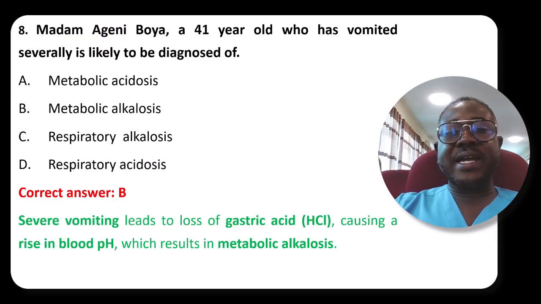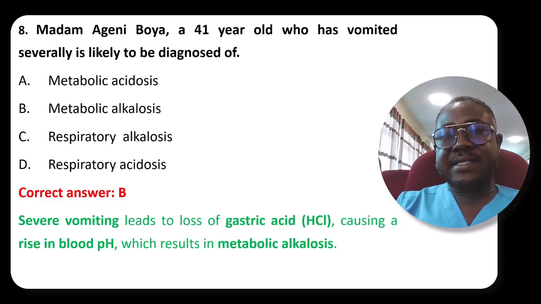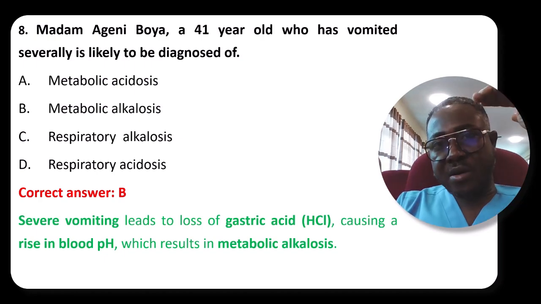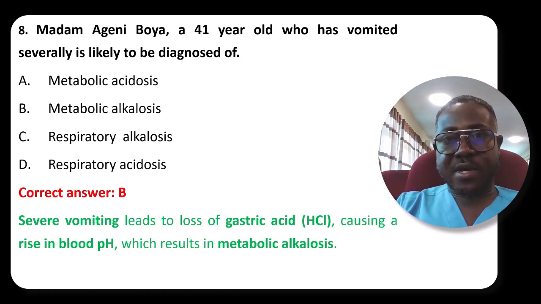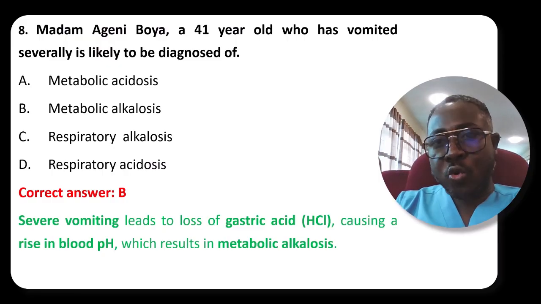Okay, so you are bringing out acid, but the bicarbonate or the alkaline substance remains. That means that the ratio between the bicarbonate and the carbonic acid, there's going to be a decrease in the acid, whilst your bicarbonate remains constant, which is what? High. So that means that the patient is getting into what? Alkalosis.